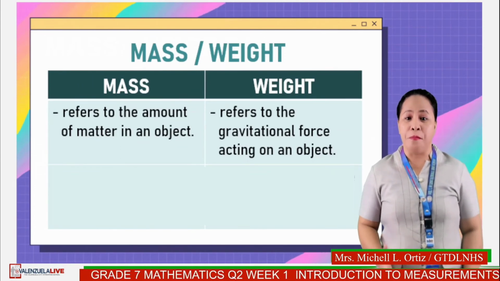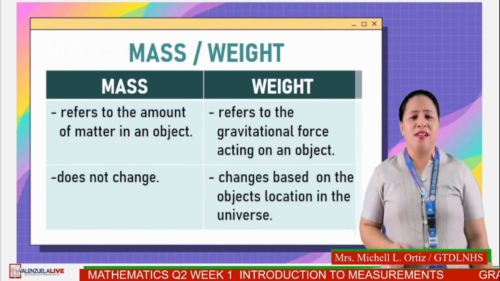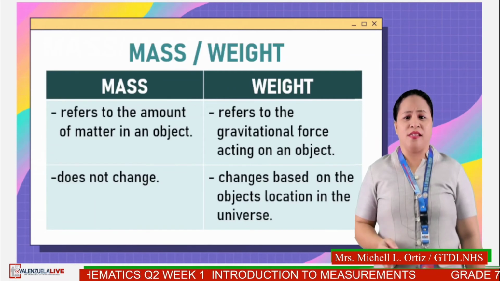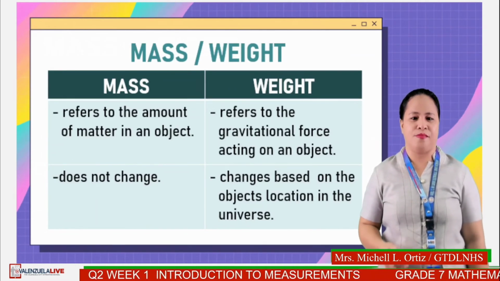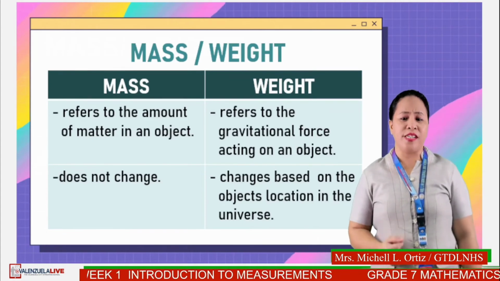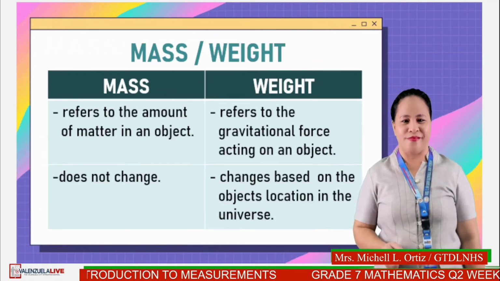The mass of an object does not change, while the weight of a given object can change based on its location in the universe. The weight of a person on Earth is greater than his weight on the Moon.